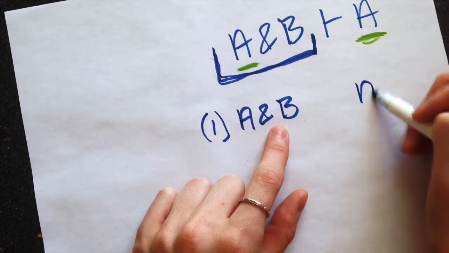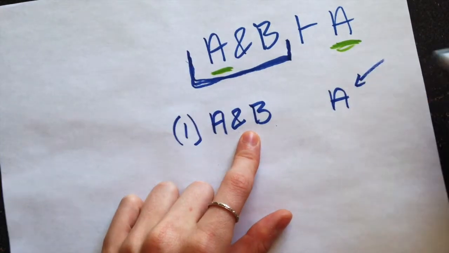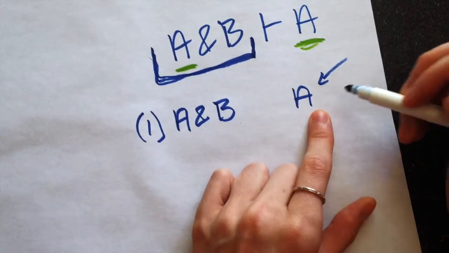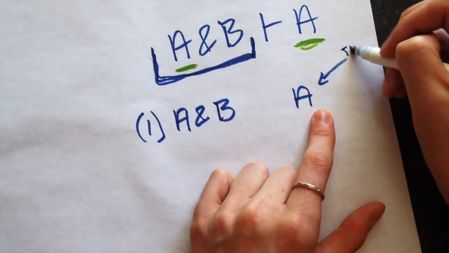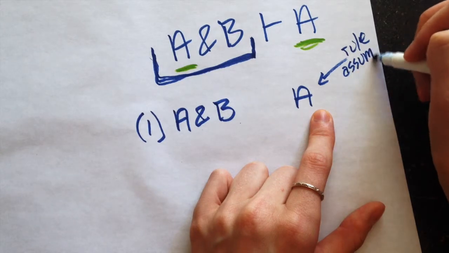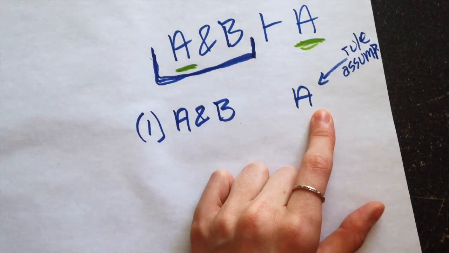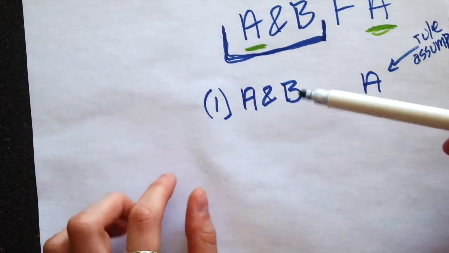So in this case, we're using the rule of assumption. Okay, so this is one of the rules of natural deduction on your handout. This is the rule of assumption. Okay, so we've listed out our basic assumptions for this proof.